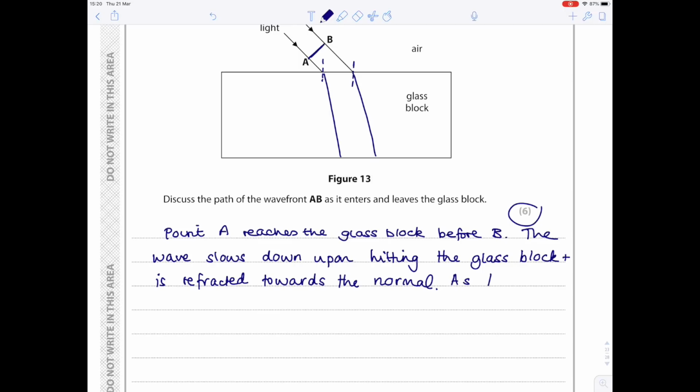As AB reaches the interface, so the separation between the glass block and the air, so here there'll be another normal and the wave will bend away from the normal. Try and keep them parallel.